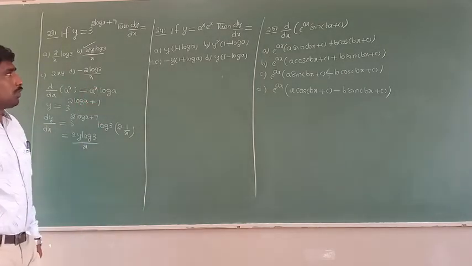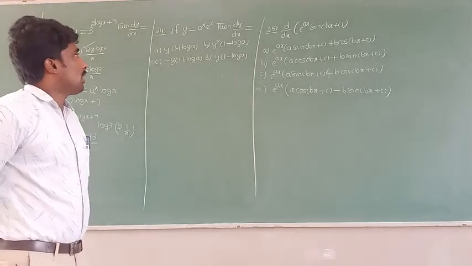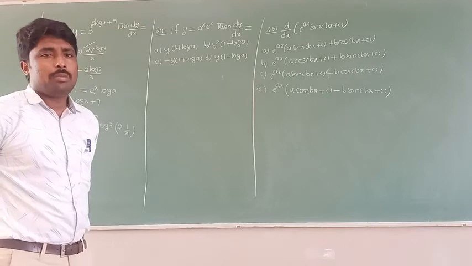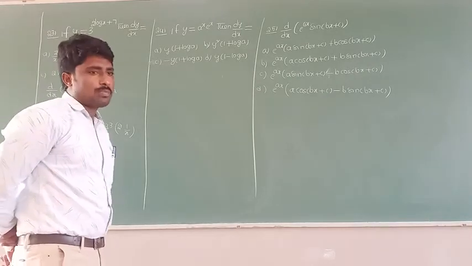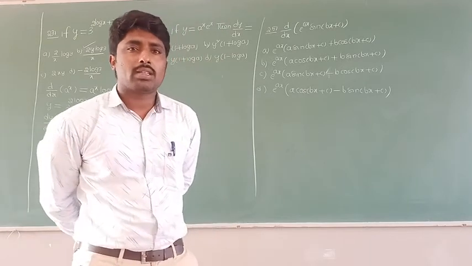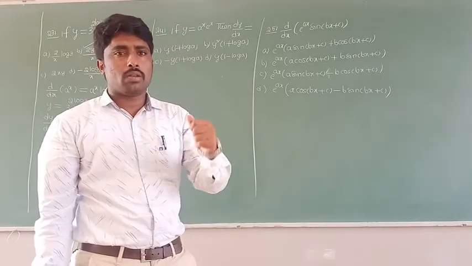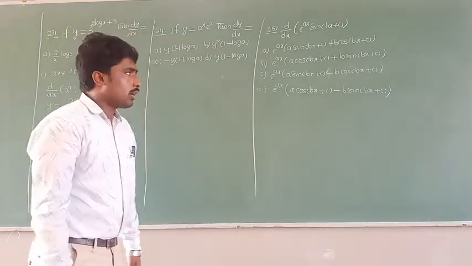Now all of you see here, they have given y equal to a power x into e power x. Then they are asking dy by dx. If you want to solve this problem, you need to recollect the product rule formula, d by dx of uv, which is u into dv by dx plus v into du by dx.